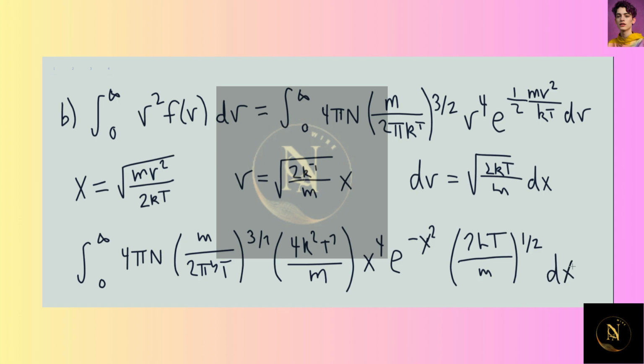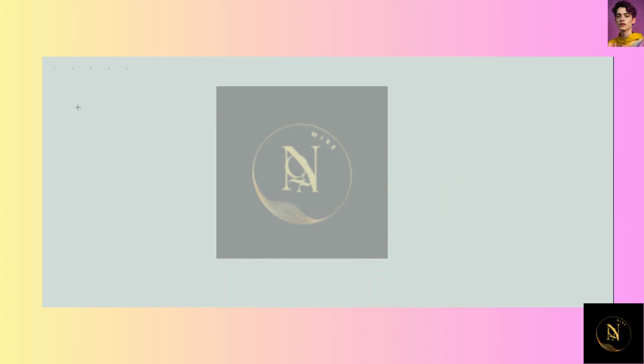So we can pull all these constants out as before, do the integral using the table, and we'll end up with the desired N. Actually, let's do it in one more step. Let's just show it. We pull all these constants out.